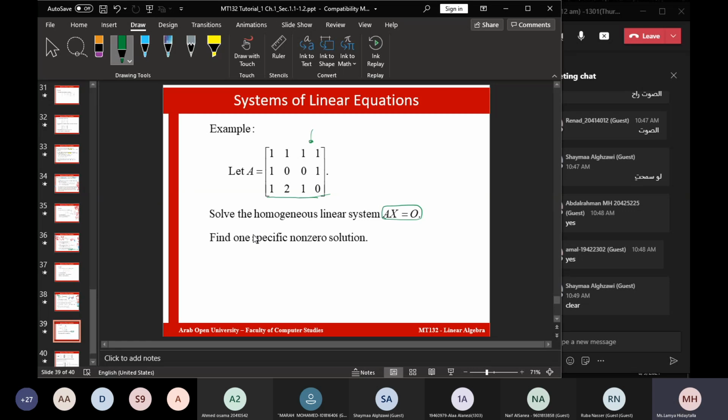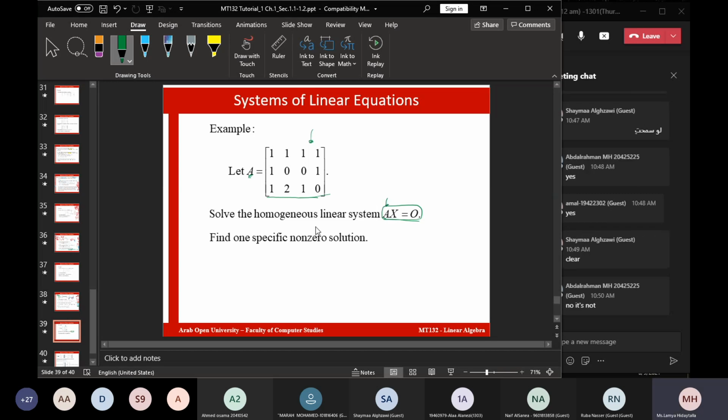No. Why? How did you know? Because he said A and then he said a linear system AX equals 0. So A is the coefficient matrix, and I knew that from here. This is only the coefficient matrix, the coefficients of the variables. To solve the system I need the augmented matrix.